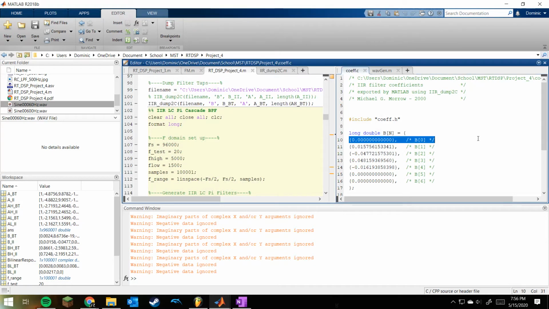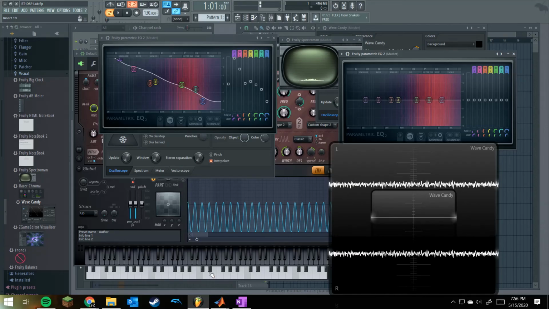There's our new filters. Load up the coefficients. My brain is so cloudy right now. Okay. Next, we're going to play. And let's look at this here.